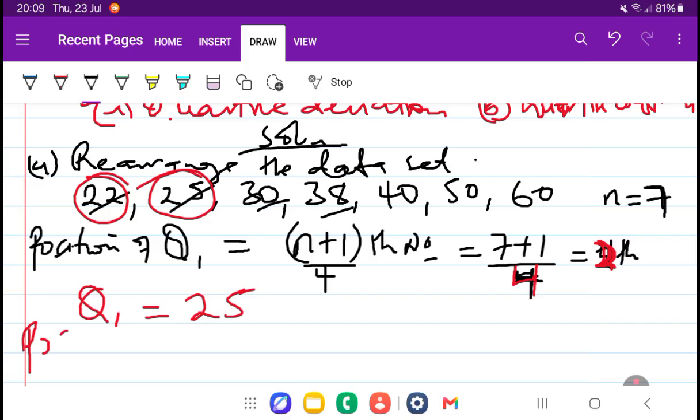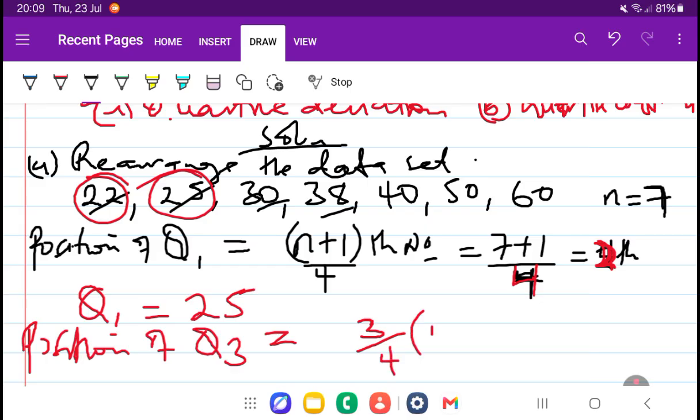Then we get the position of Q3. Position of Q3 will be equal to 3 over 4 times n plus 1th number, and this will be 3 over 4 into 7 plus 1. Of course, 7 plus 1, that's 8. 8 times 3, then divide by 4.